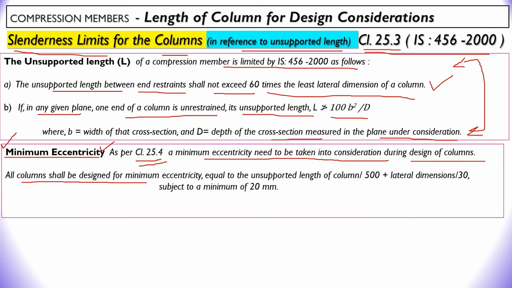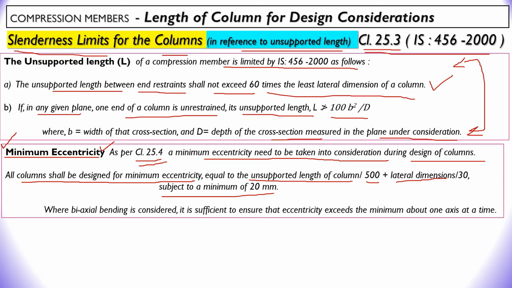All columns shall be designed for minimum eccentricity equal to the unsupported length of the column divided by 500 plus lateral dimension divided by 30, subject to a minimum of 20 mm. And where biaxial bending is considered, it is sufficient to ensure that the eccentricity exceeds the minimum about one axis at a time.